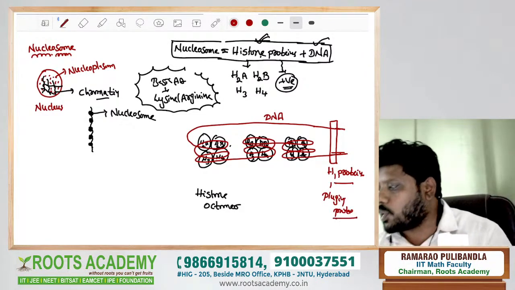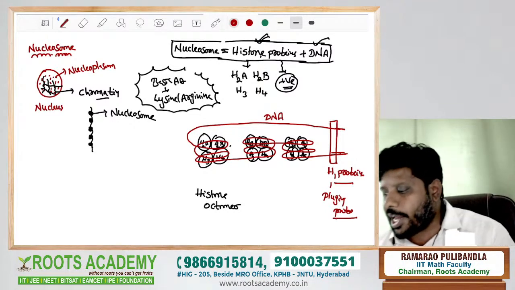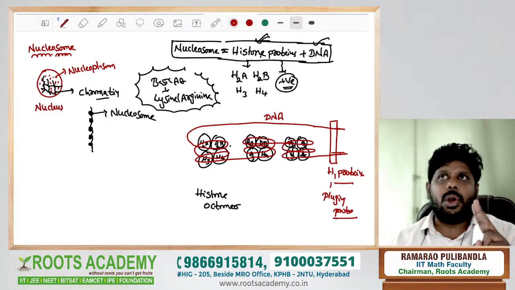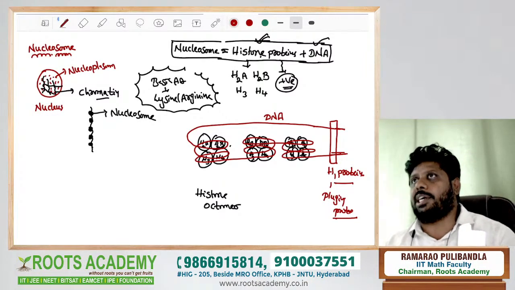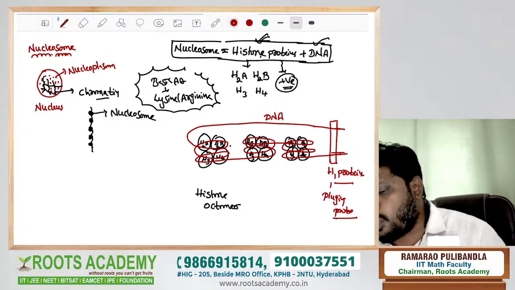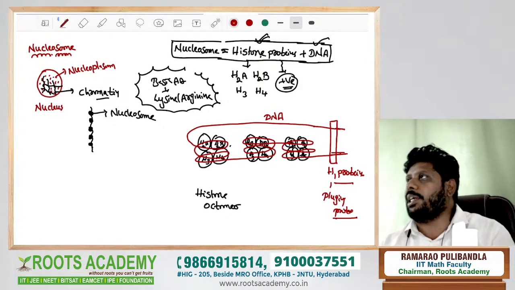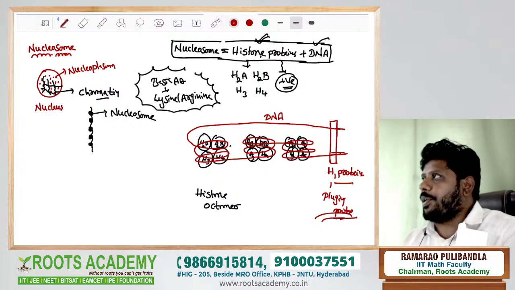It plugs the 2 ends of DNA. The DNA will come and wrap how many turns? It wraps 2 turns around the histone octamer, then comes out like that. Finally, the 2 ends of DNA are tightened by the H1 histone protein, called the plugging protein.